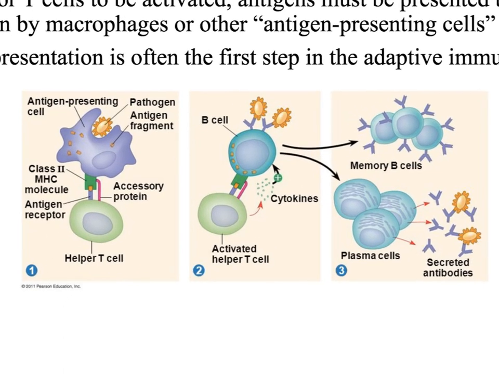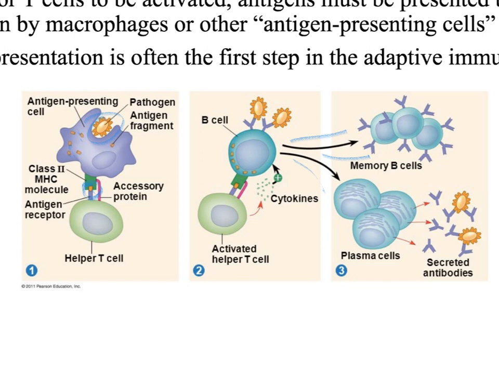So let's say we have a macrophage, and it has eaten some kind of foreign cell, and some of those particles make it to the surface, right? And the T cell is then presented with that antigen and recognizes that antigen, right? And then you can see how that stimulates the immune response.